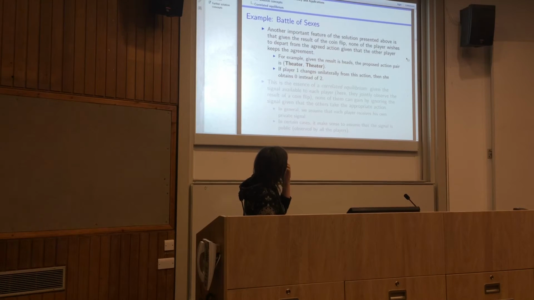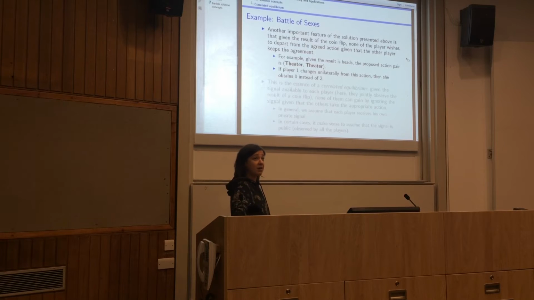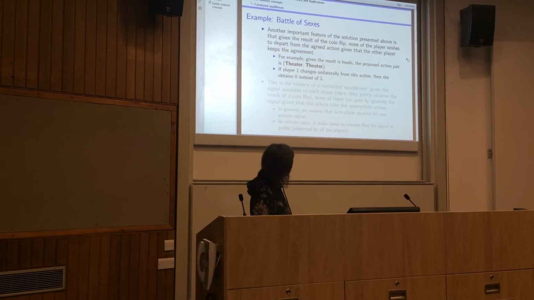Another point is that if the advice of the mediator is to play the correlated strategy theater, for instance, then there is no incentive for either player to deviate unilaterally from that strategy. Because if the advice says go to theater together, and I deviate and go to football while my opponent goes to theater, then we both get 0, right? Rather than I get 2 or 1 if I do follow the advice of the mediator.